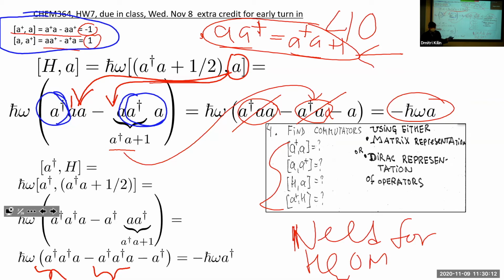Any questions about this stuff? I got some emails requesting additional comments. Did I address all of them, or are there more questions? The 1/2 is removed because a constant commutes with anything. Okay.